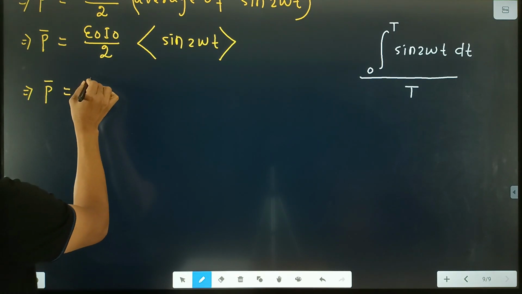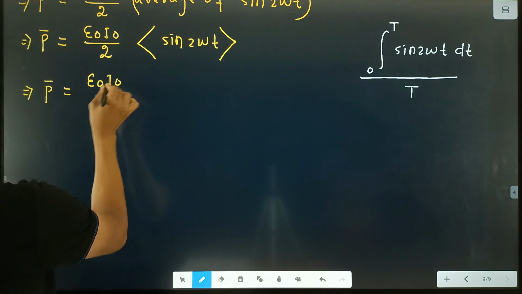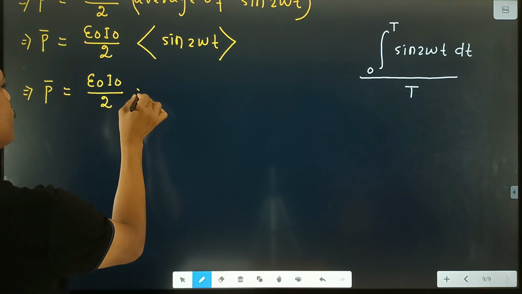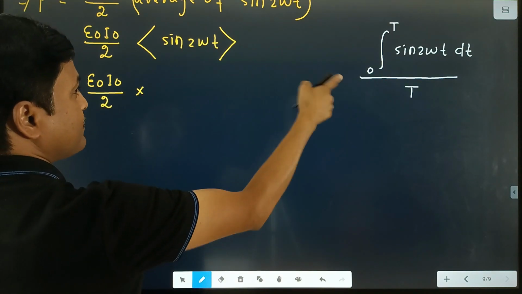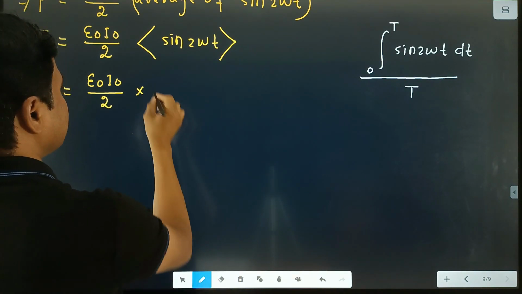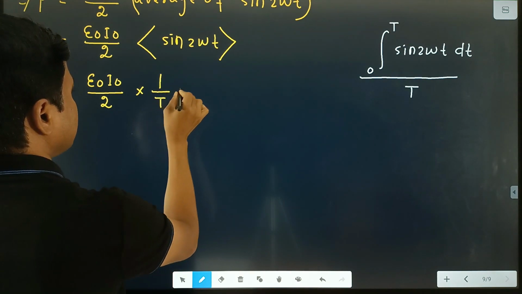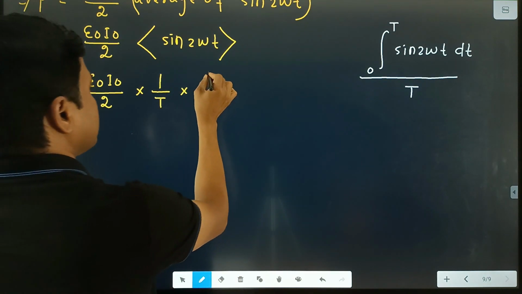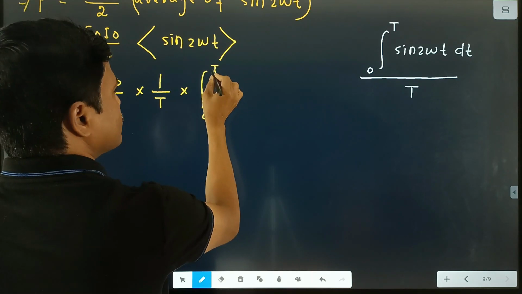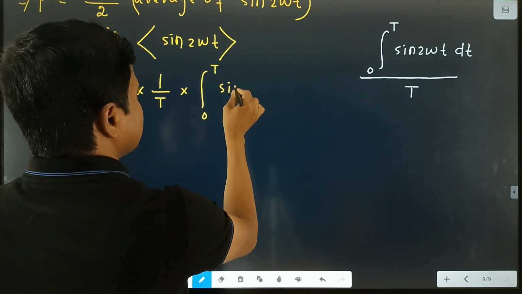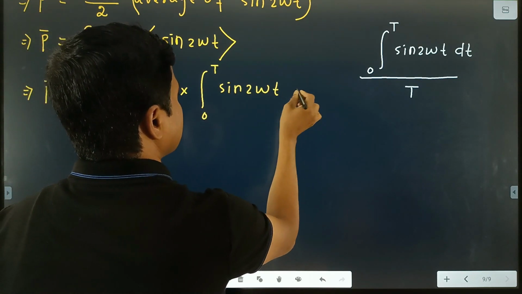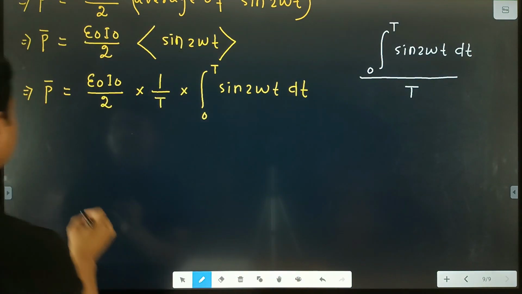That implies average power is equal to E0 I0 divided by 2 multiplied by, in place of this we write T, so first we write 1 by T multiplied by integration from 0 to T of sin 2 omega t dt.